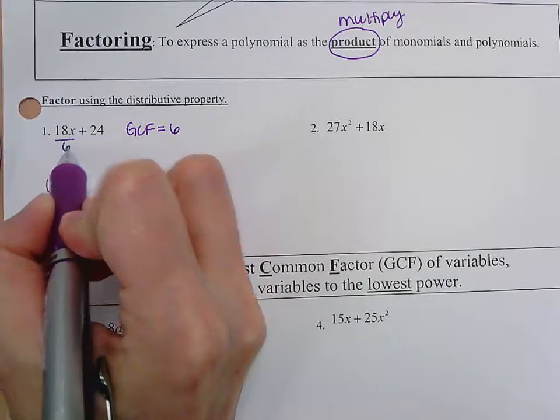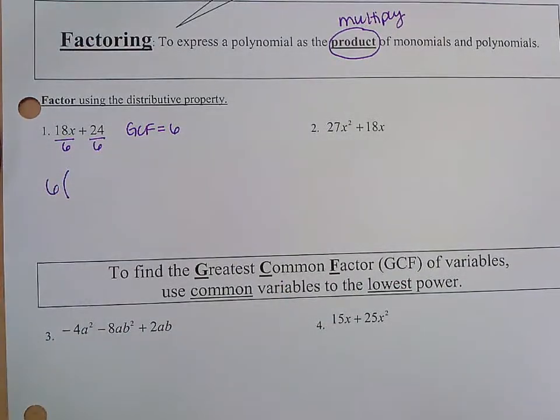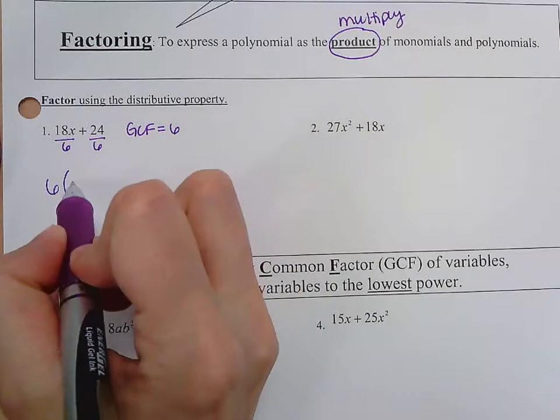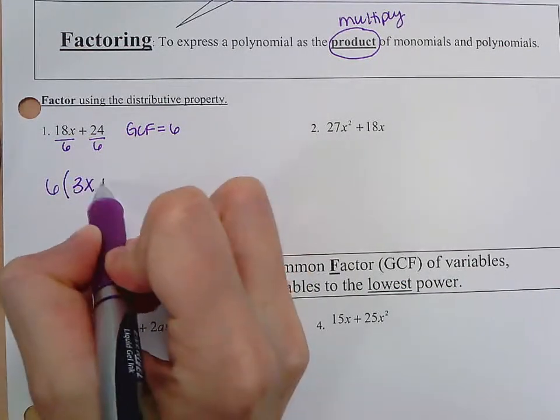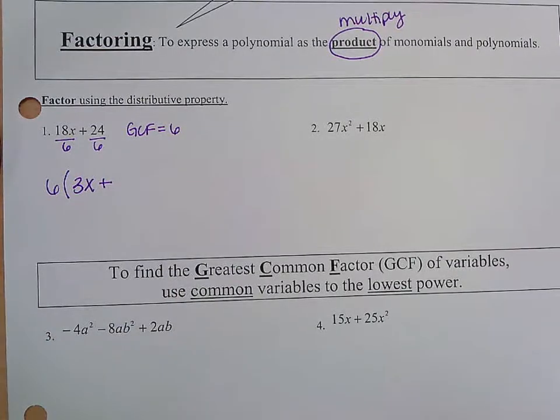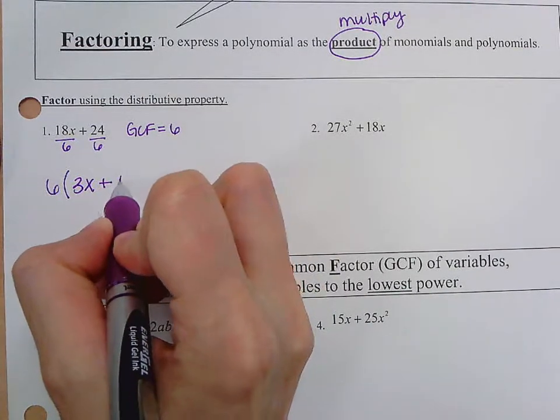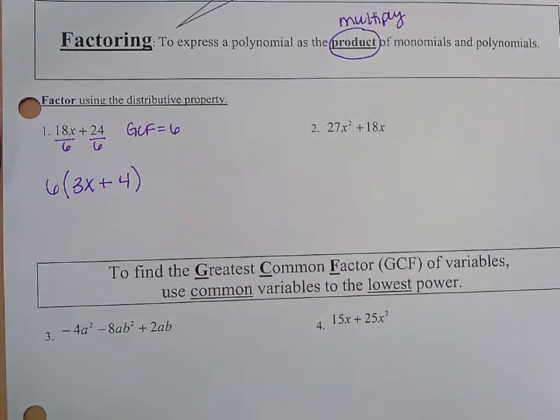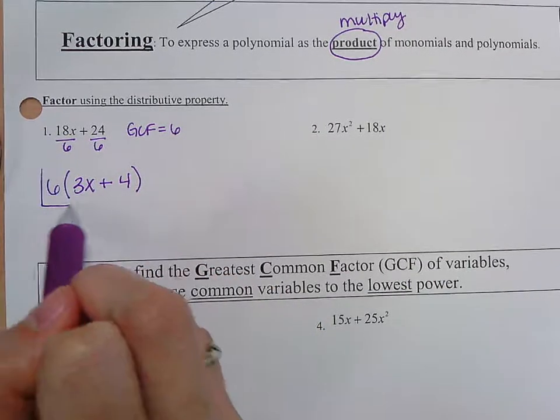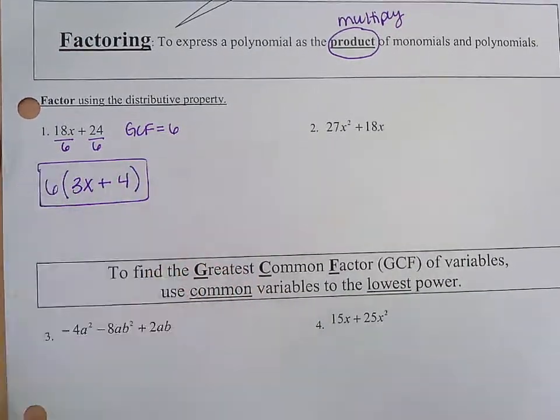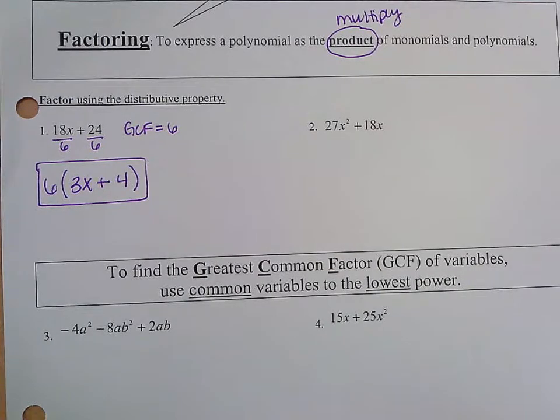I then divide these both by 6. What is 18x divided by 6? 3x plus 24 divided by 6 is 4. I do have my calculator sitting out here too today if you need to borrow a calculator for finding the GCF or the division. So then this is my answer. That is the factored form.